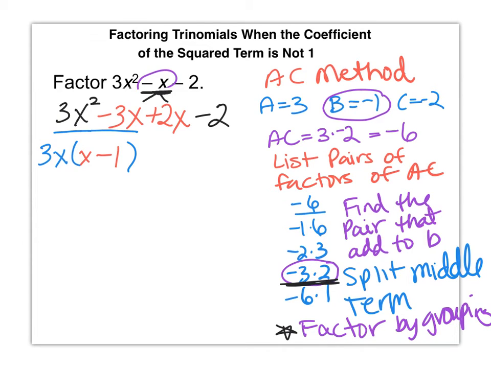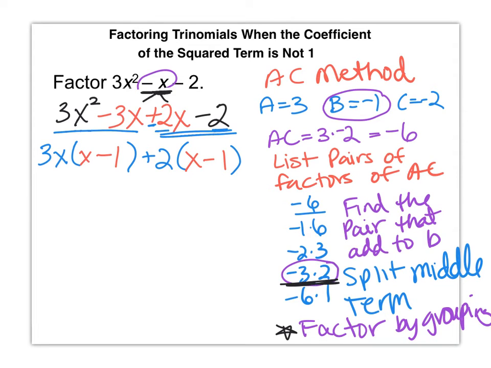Looking at the last two terms, find the greatest common factor of those. By using the grouping method, we see that the common factor is a positive 2. Whatever sign is here, that's the sign that you're going to take out. When you factor out a positive 2 here, dividing out the 2 gives you x, and this negative 2 divided by positive 2 is a minus 1.